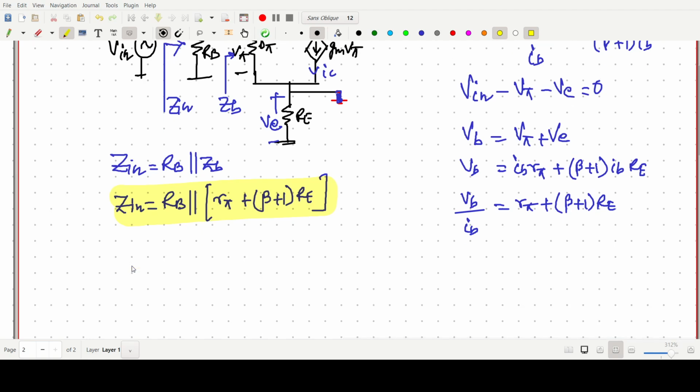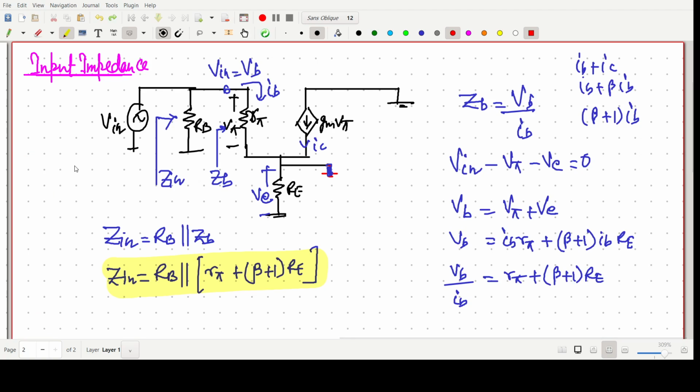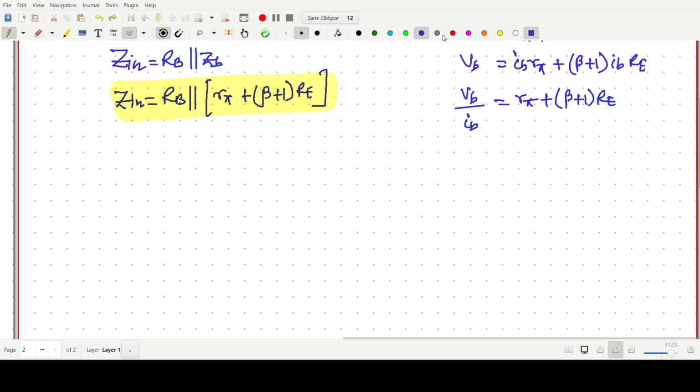Now we will write all the calculations that we have observed as a summary. The input impedance in a common collector configuration is RB parallel with R pi plus beta plus 1 RE.